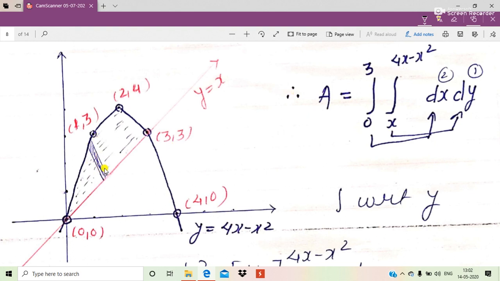So we make a vertical strip, and here we can find the lower limit, and from here we can find the upper limit. So this is the bottom of the strip, and it touches the curve y is equal to x.